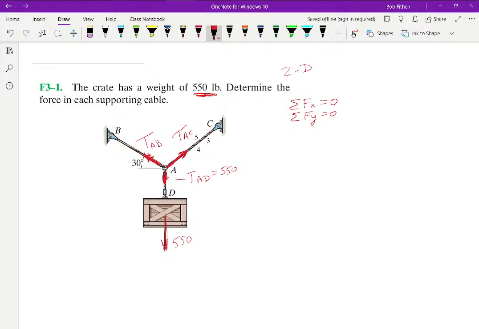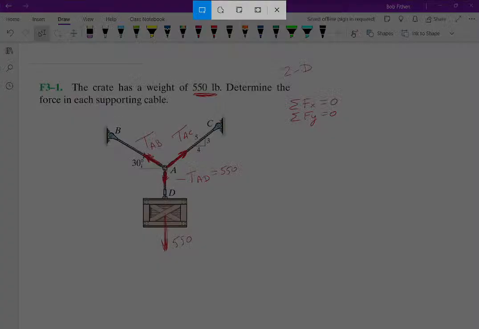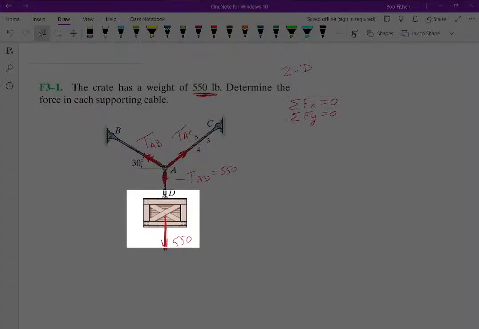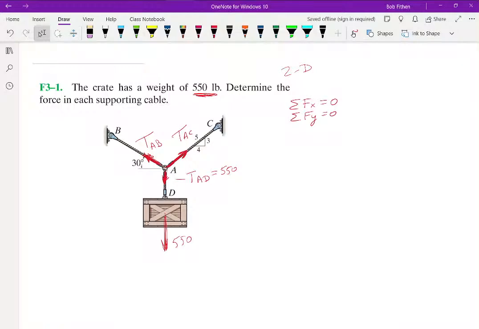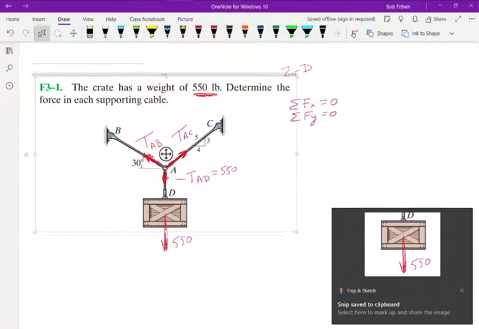Now, in the book, what he'll do is split it apart. In other words, he'll do something like this. Oops, wait a minute. He'll go out here, take this, move it over here somewhere.